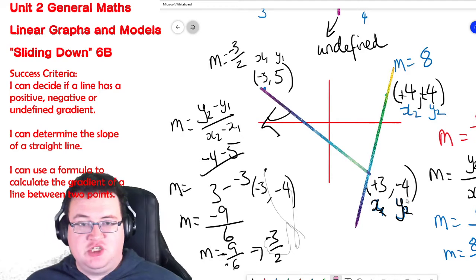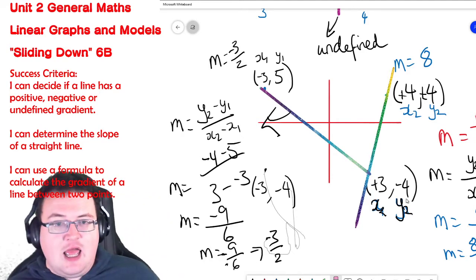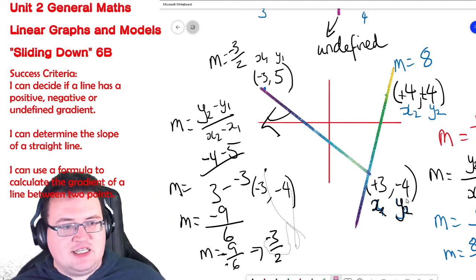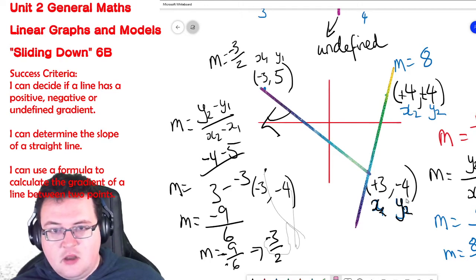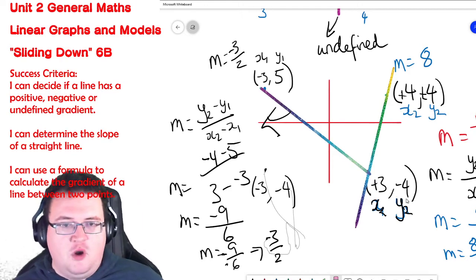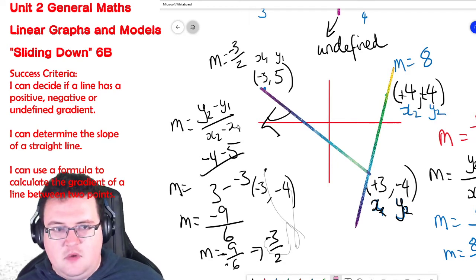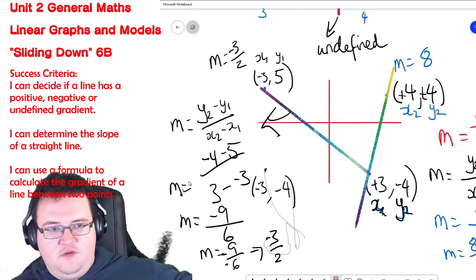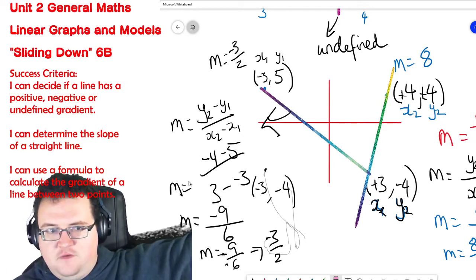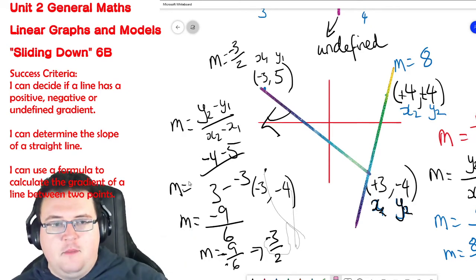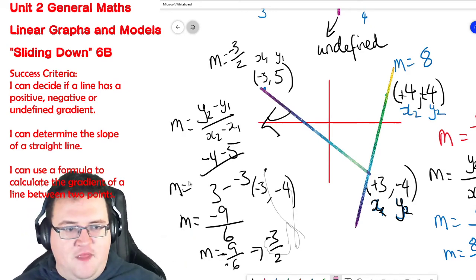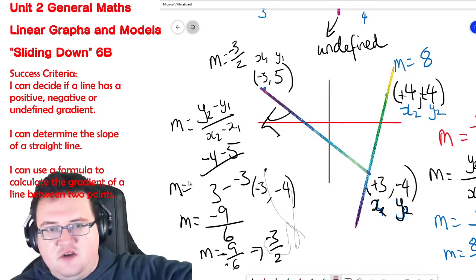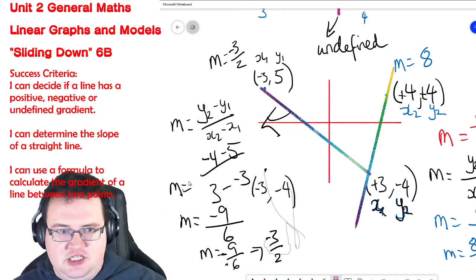Other times it will ask you to leave it as a decimal. Generally, I like to leave these as fractions, because sometimes you might wonder, what happens if my answer is 4 over 3? Well, 4 over 3 as a decimal is an infinite decimal. It's 1.3333333, and so forth. So by leaving it as a fraction, I don't have to worry about infinite decimals. There's no rounding involved. It's just, here's the fraction, deal with it.